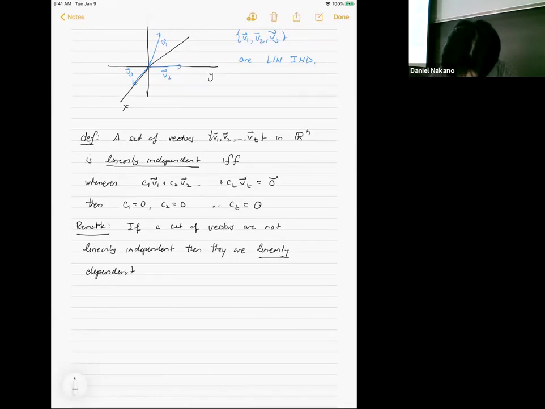Okay. So not linearly independent means linearly dependent. Okay, any questions on this so far?